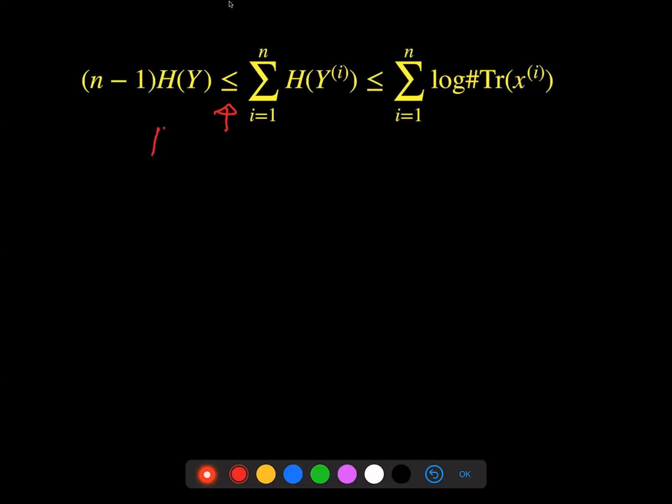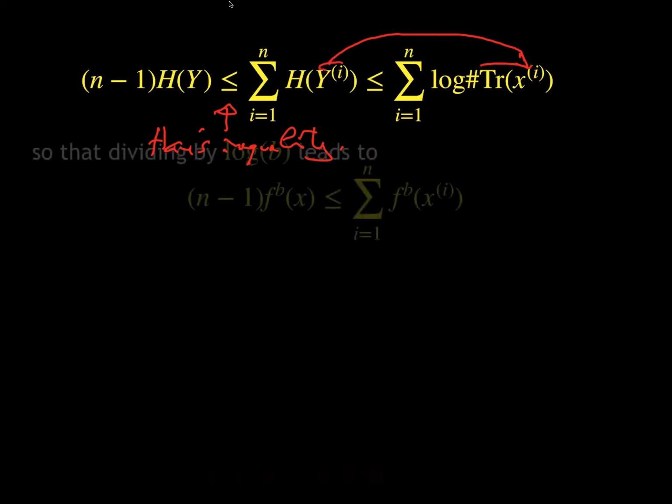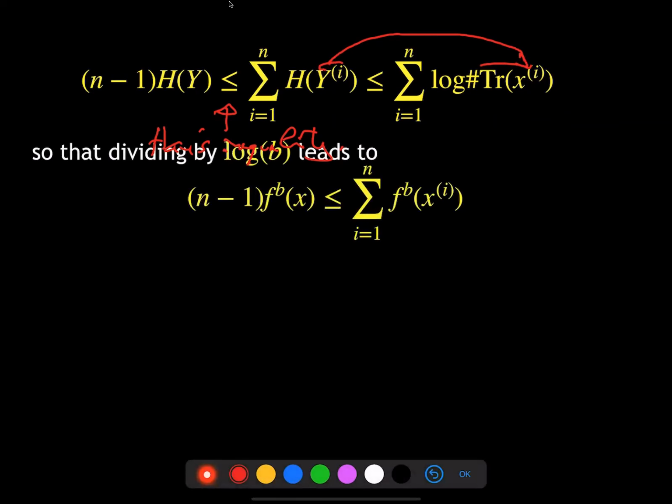This is just Han's inequality. And this is less than the sum of the log cardinality of the trace, just because the variables y bracket I take their values in this set. So when you divide by log b, this leads simply to the fact that n-1 times the function computed at x is less than the sum of the functions computed at x bracket I.